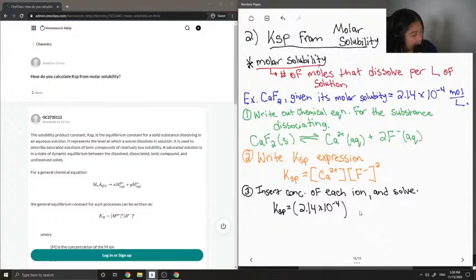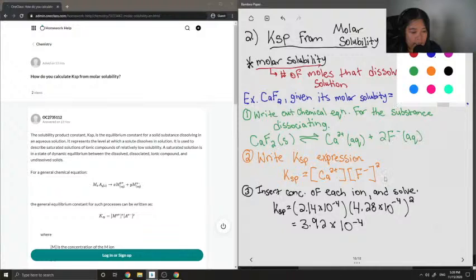In the case of fluorine, since there is a 1-to-2 molar ratio for calcium fluoride and the fluorine ion, I need to multiply the 2.14 times 10 to the negative 4 by 2. So 4.28 times 10 to the negative 4, and that is to the power of 2. And we get a final KSP value of 3.92 times 10 to the negative 4.